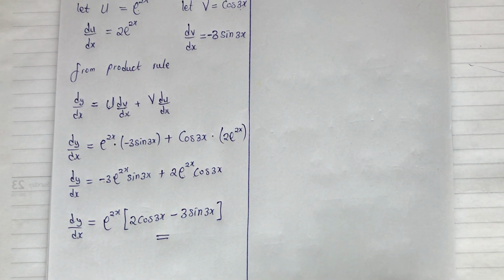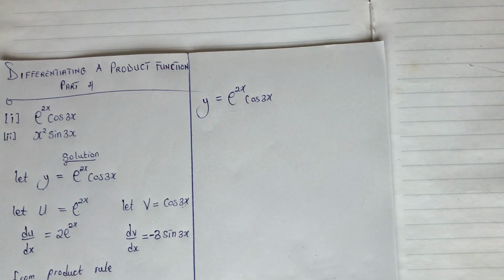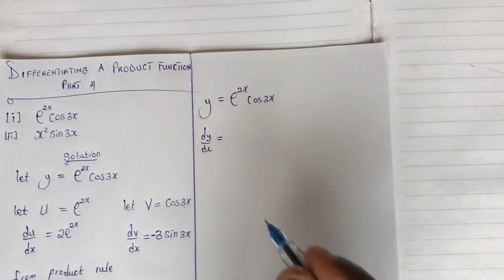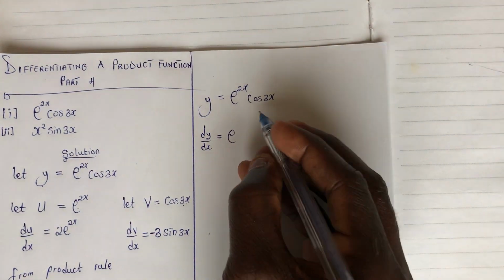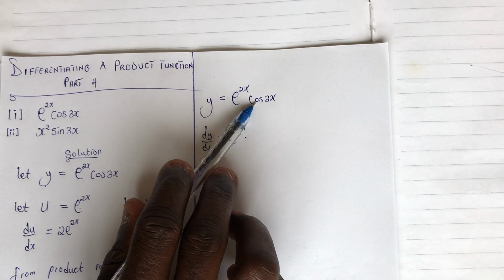I will use the other method to differentiate the same function again. You choose the one that you want. All I need to do is say that dy/dx equals, you hold the first function, e raised to the power 2x, and multiply the result by the derivative of the next function.